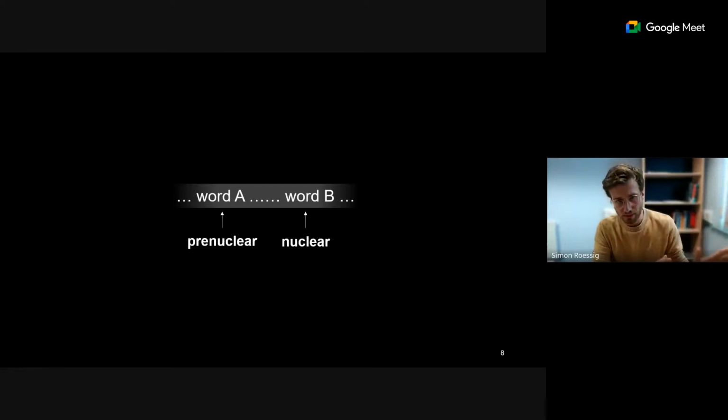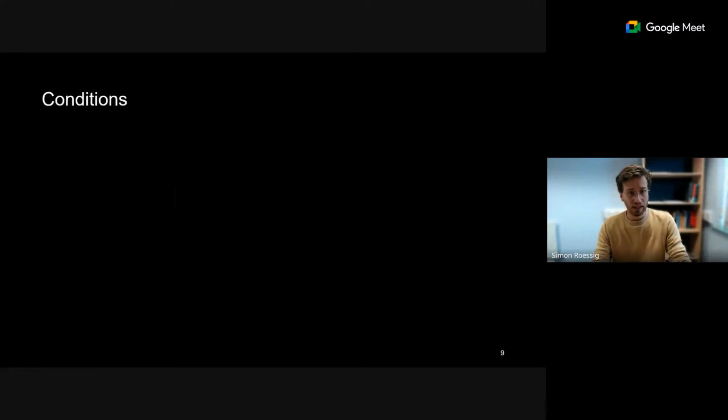So in the speech material which I'm going to look at in this presentation, there's one word that is always prenuclear, labeled word A here, and another word that is always nuclear, labeled word B here. And these two words occur in three different focus conditions. First, with both words in broad focus.